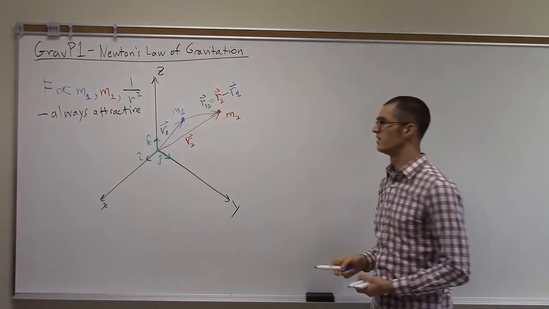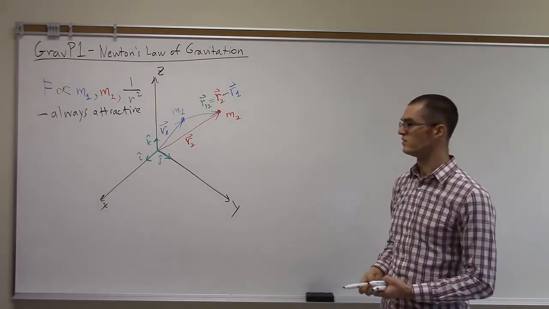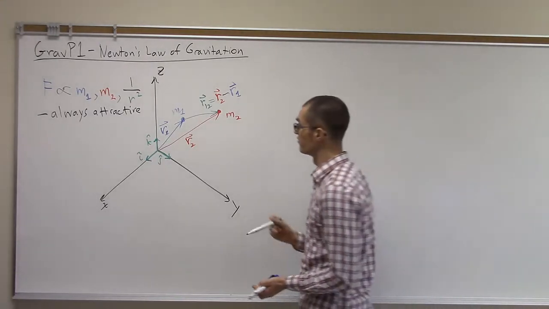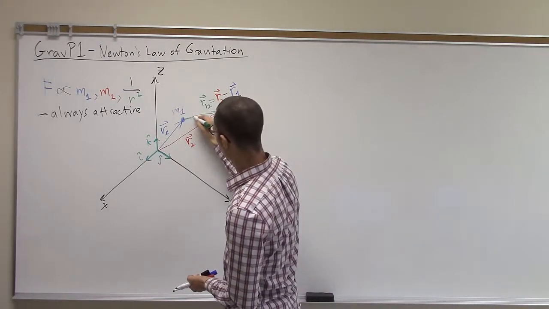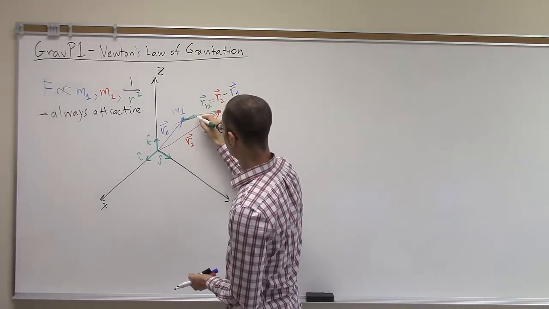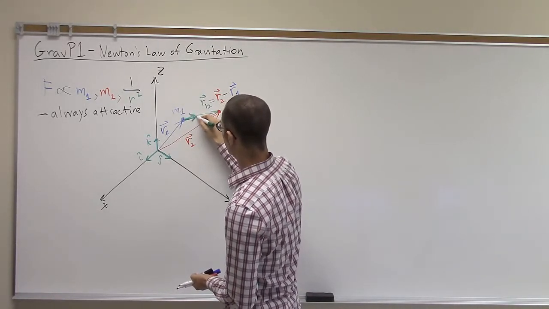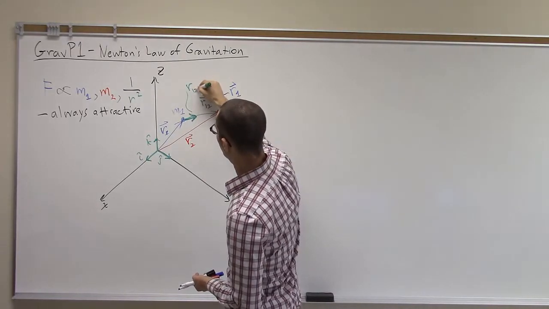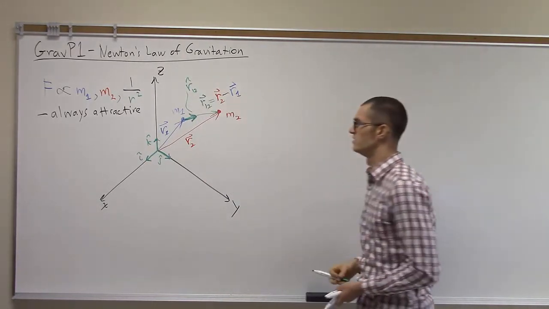So that gives us the distance from 1 to 2 and the direction from 1 to 2. As part of writing out the expression for the force between them, it will be useful to have the unit vector in that direction as well. So I'll call this one R12 hat, which is the unit vector.